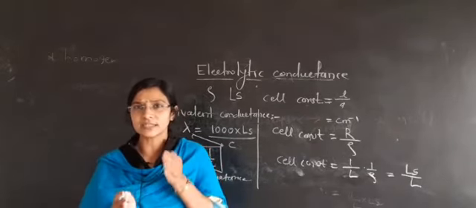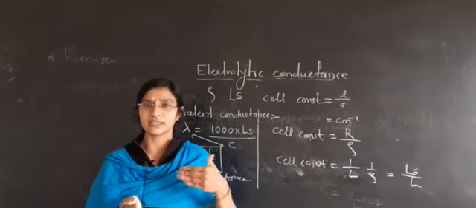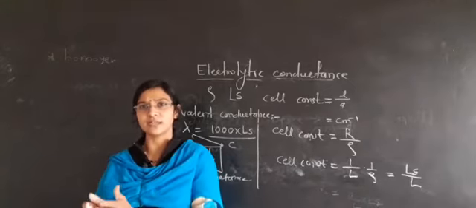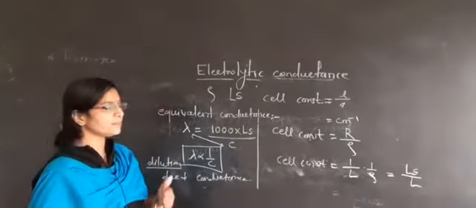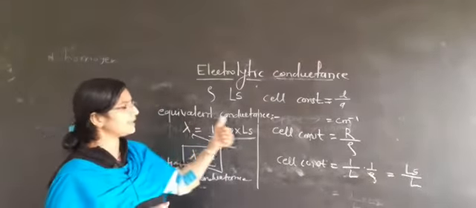Such dilution and its effect on the current was studied by Kohlrausch, and that is known as Kohlrausch's law for dilute solutions. The dilution properties and their correlation are studied with the help of equivalent conductance.